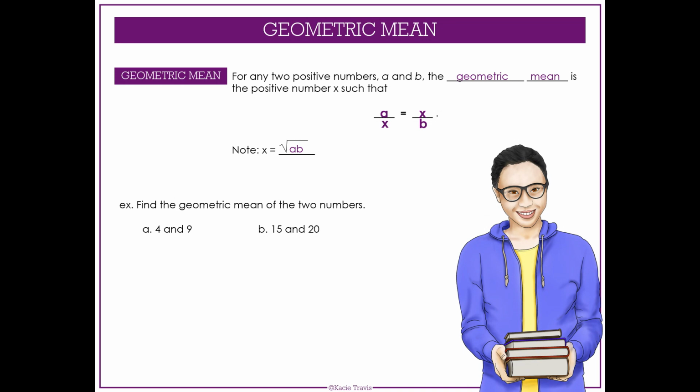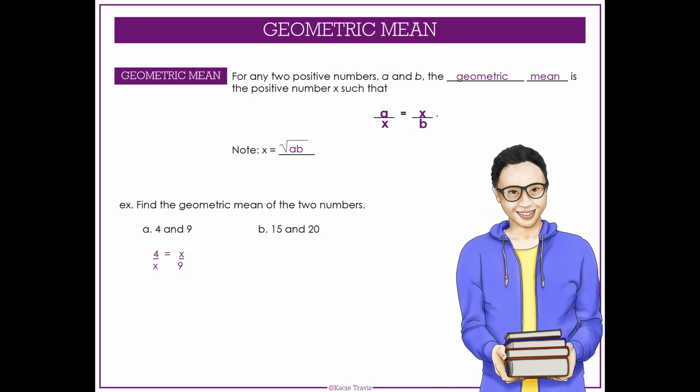Now, you're going to get two numbers and be asked what the geometric mean is. For this first one, we have 4 and 9. Just like in the formula A over X equals X over B, we set up this same little proportion.